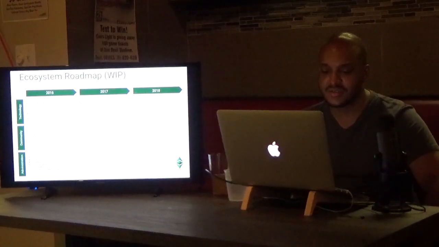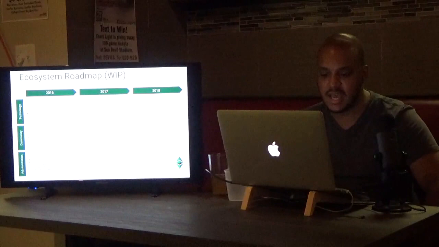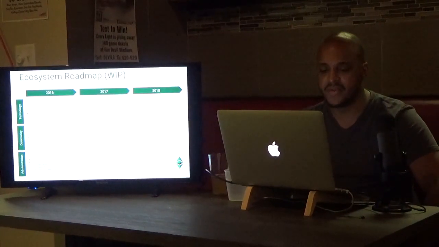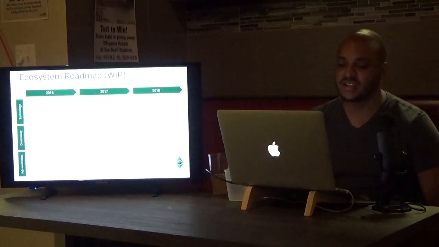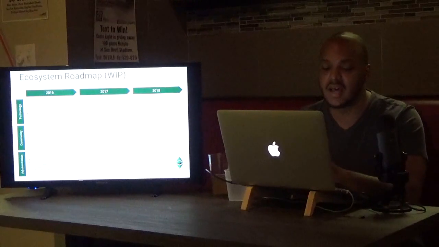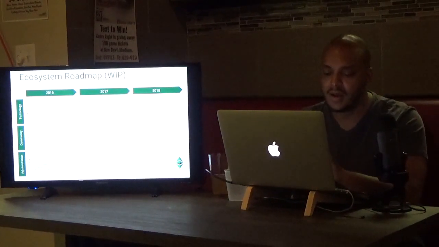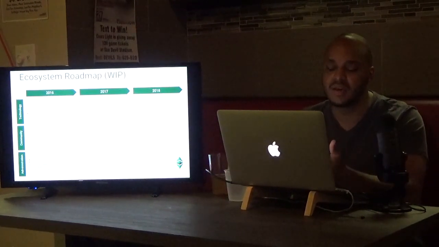Now here's a doozy. We don't have to spend a lot of time on this. This was developed about a month ago when these slides were first developed. This is the roadmap that, at the time, we loosely came together and defined. So these dates aren't hard and fast, and as a matter of fact, we're currently working on shifting a lot of the priorities here based on the feedback that we're getting from miners and traders and other members of the community.